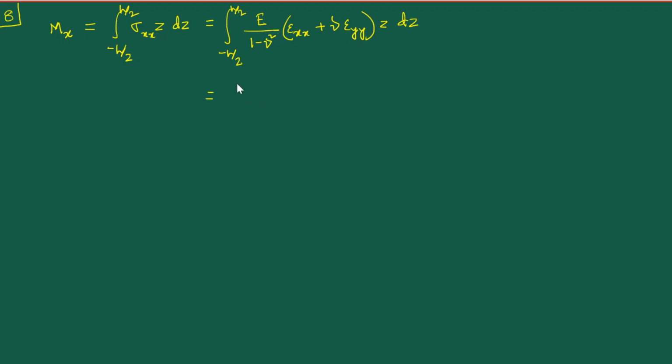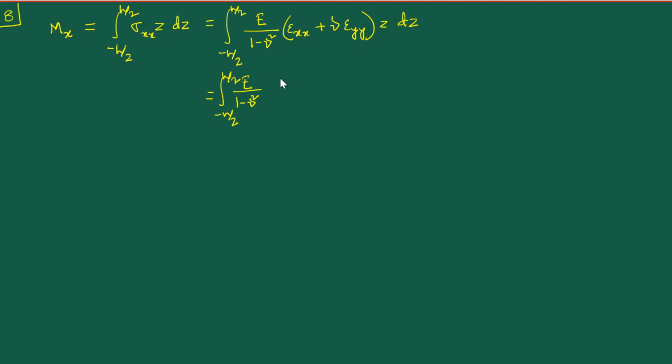Now the epsilon xx and the epsilon yy we are going to replace in terms of the displacement variables, and let's see what simplification that affords us, or what expressions we end up with.